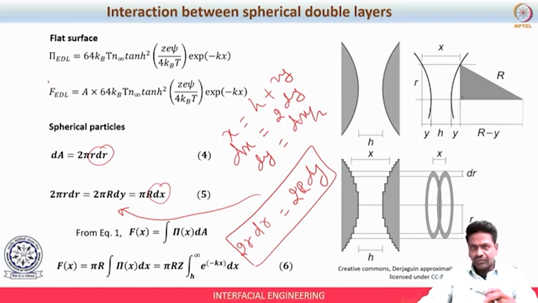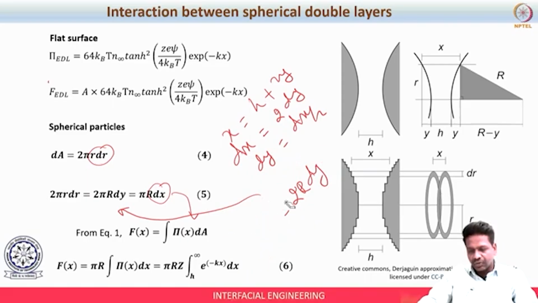My job is done now. I have to just go back here, substitute this dA and simply integrate it. So, I have this equation, pi of x dA. Why are we writing pi of x? Because now this equation is going to be in x.